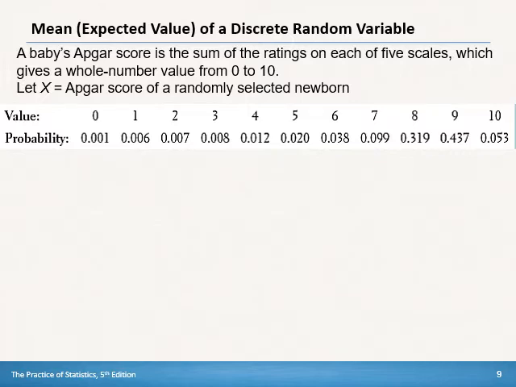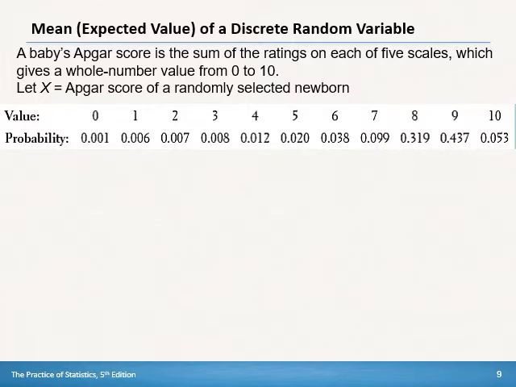So the maximum score would be a 10, if a newborn baby got a 2 for each of the 5 categories, and a 0 if you got no points in any of the categories. That would mean you were a pretty sickly baby.